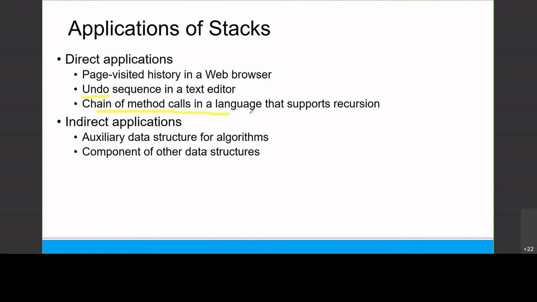Or other methods like a chain of method calls. Okay? And some indirect applications, yeah, it can be an auxiliary data structure for other kinds of algorithms, and it is a component for other data structures.